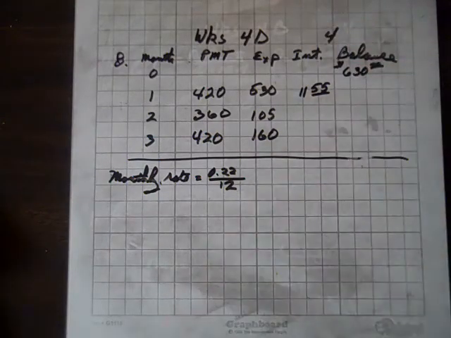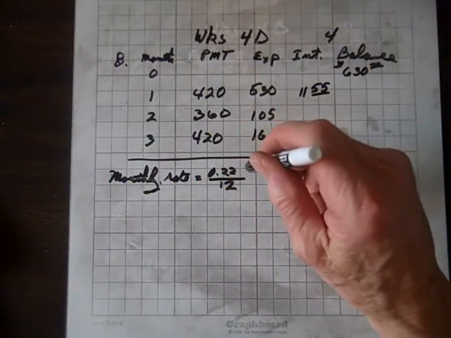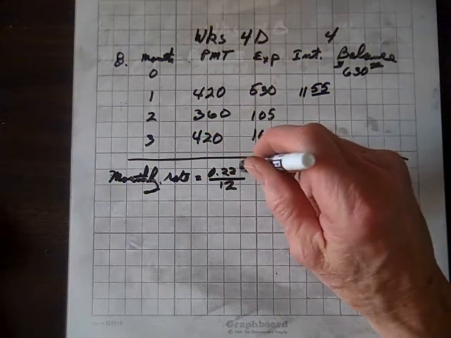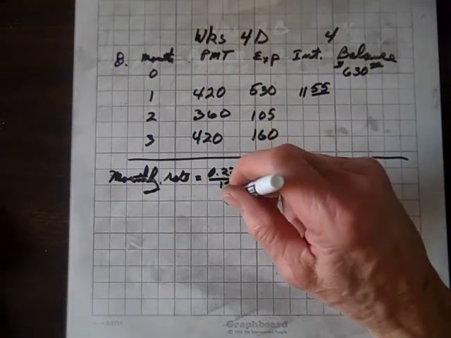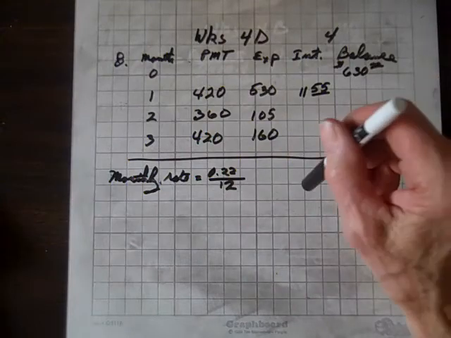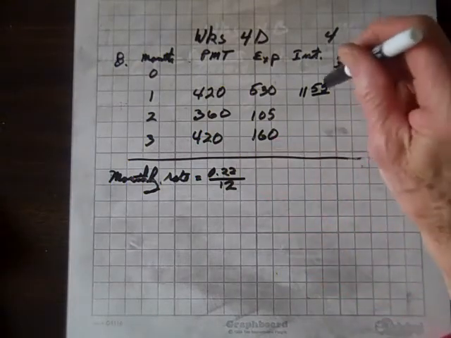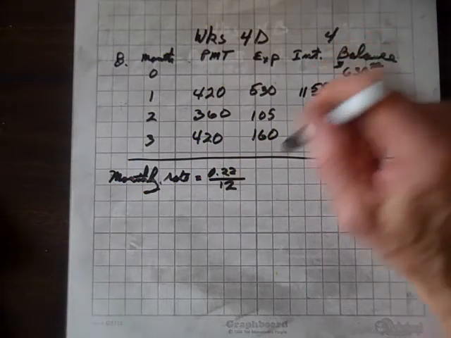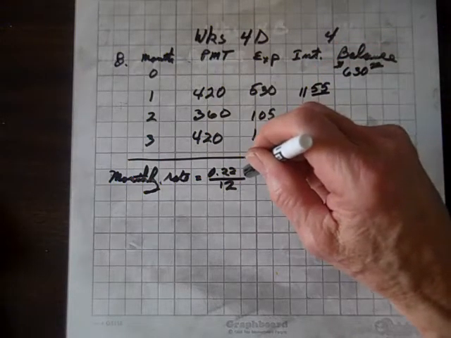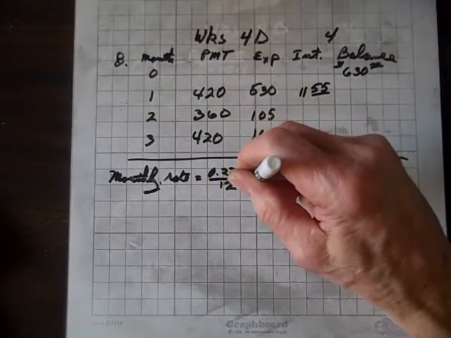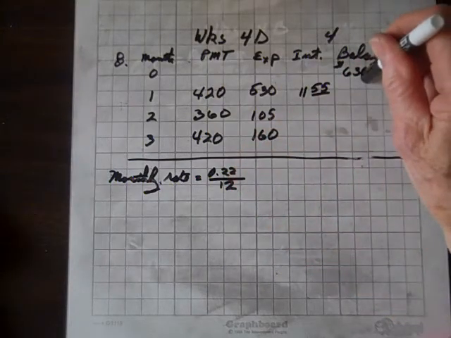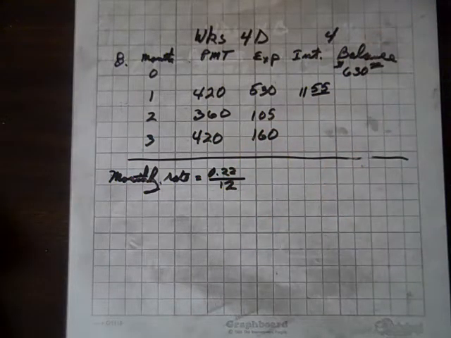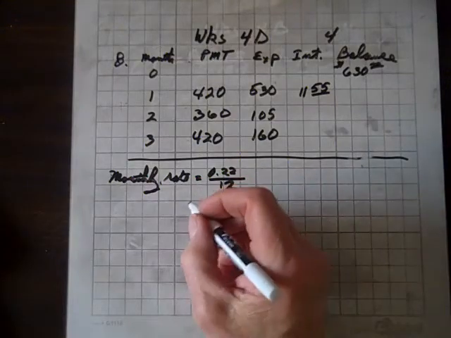So the interest, by the way, is the annual interest is 22% or 0.22. We're going to divide that by 12, and that's the monthly rate. Now to find the first interest value, we multiply 0.22 divided by 12 times the balance, which is $630.